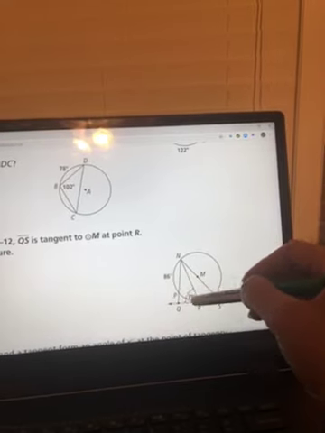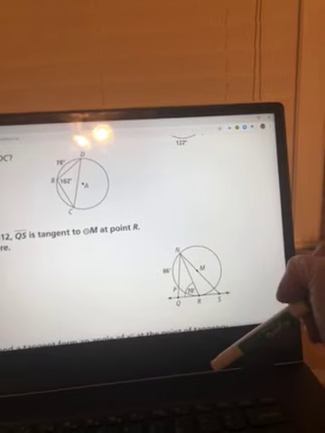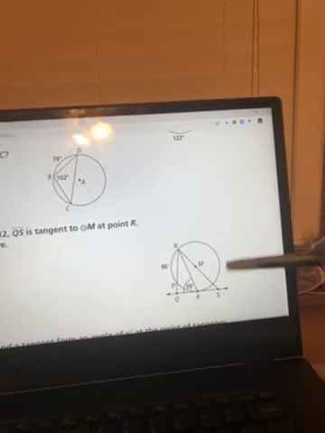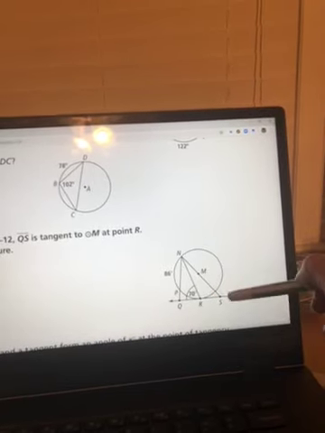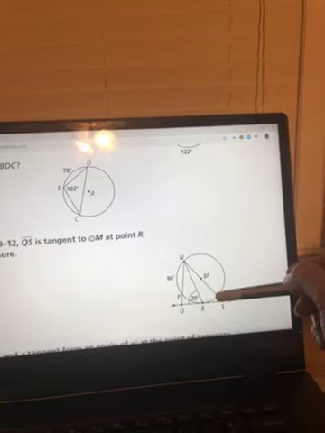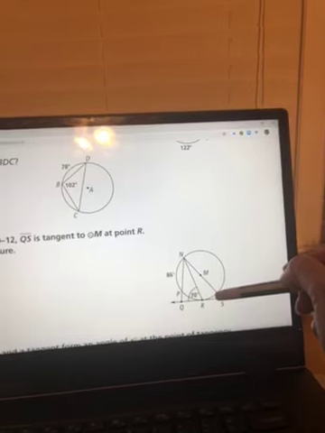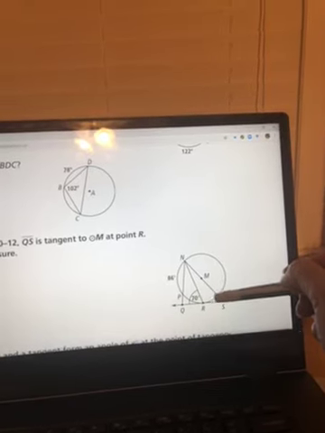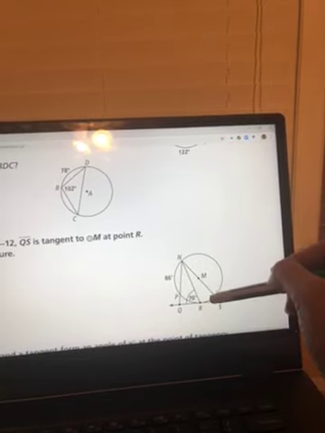So you would find this remaining portion by subtracting. Then this is a diameter, so it's a semicircle, which means this portion over here is 180 degrees. And from N to this point, you're also going to be having 180. So if it's 140, what's left over, this is 40 degrees.